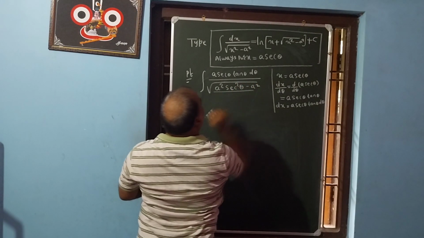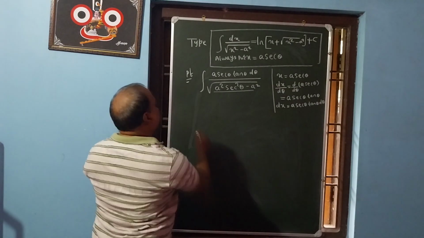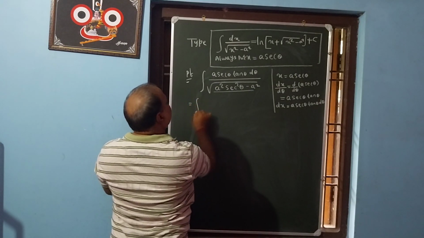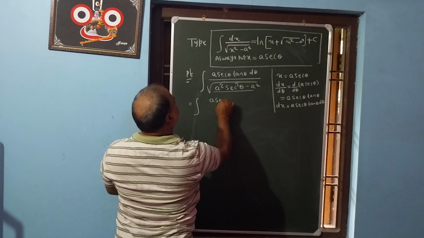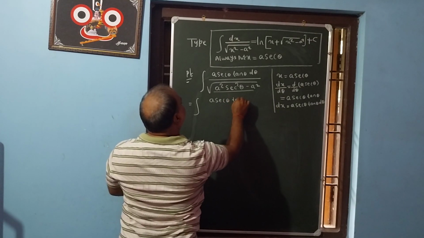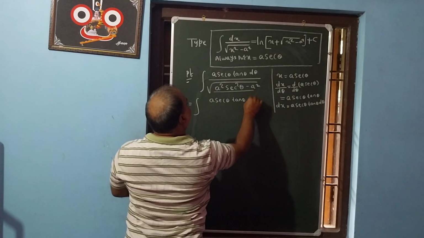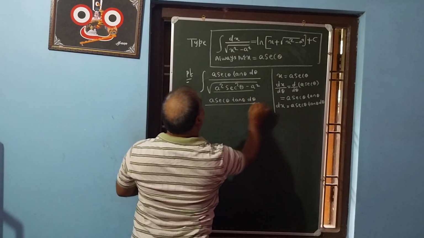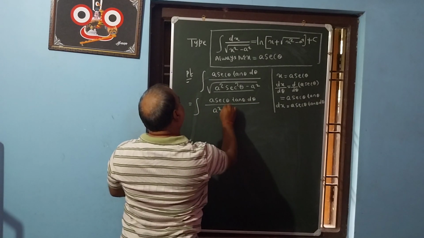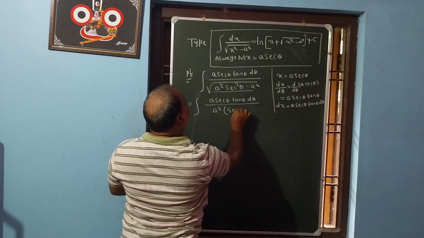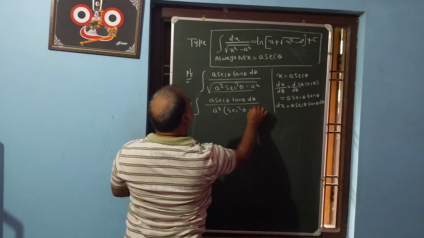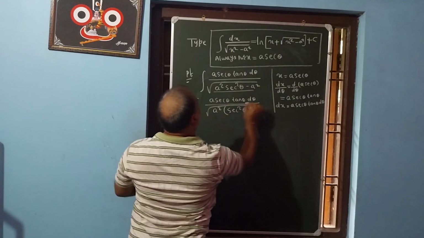So you have to take a square common here: integration of a sec theta tan theta d theta divided by root over a square into sec square theta minus 1.